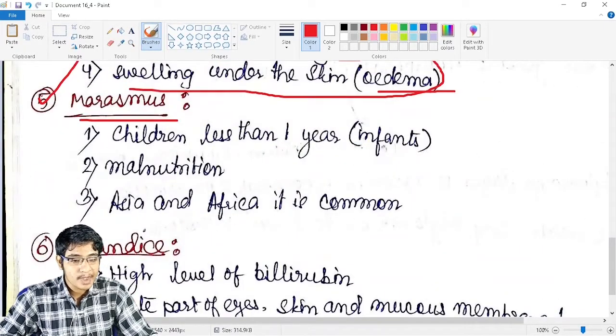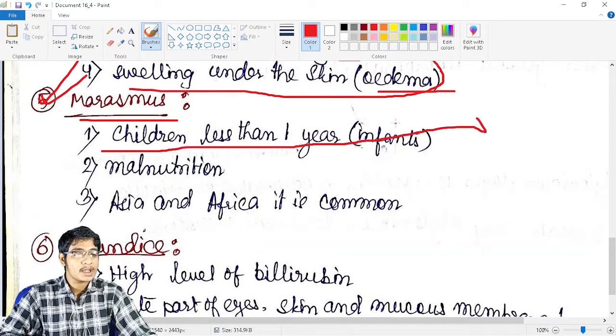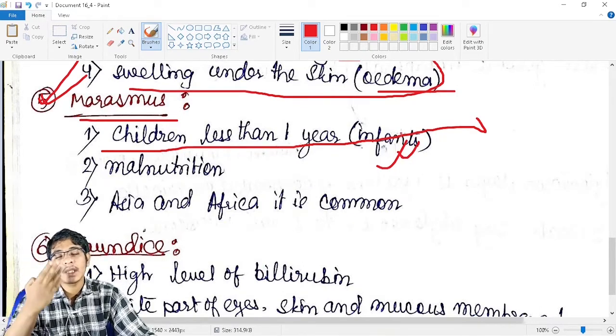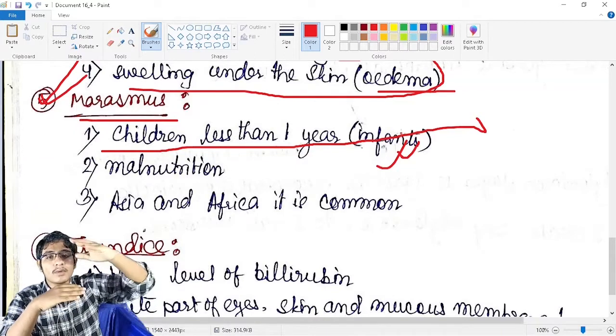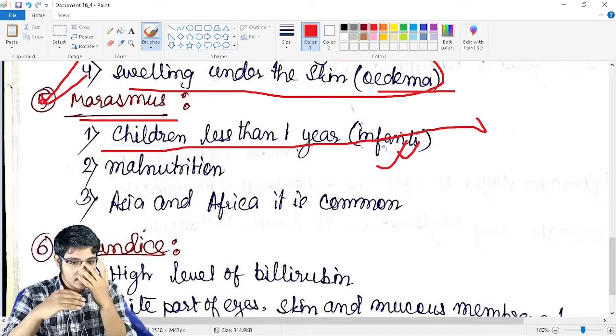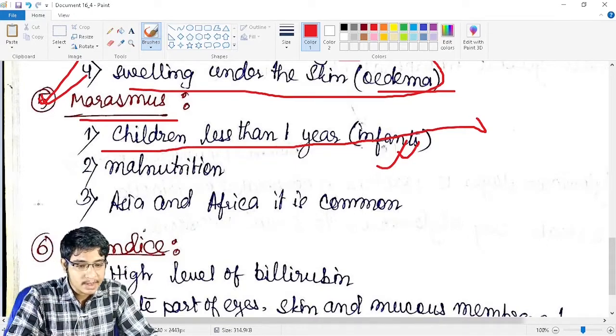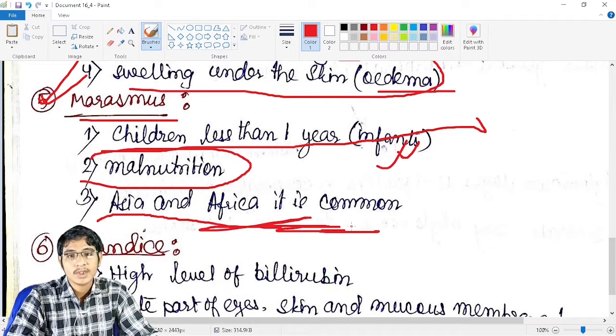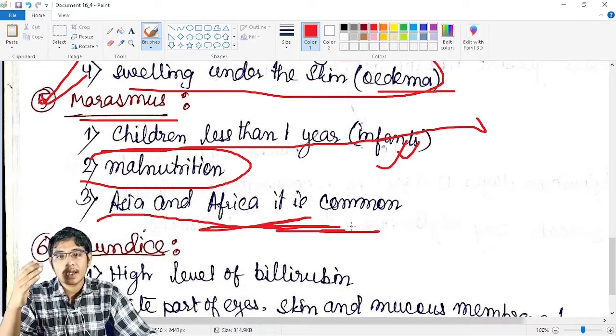Next, we have marasmus. Marasmus occurs in children less than 1 year, who are infants, and kwashiorkor was 1 to 3 years, those older than 1 year. Those below 1 year may suffer from marasmus. This is also due to malnutrition. In regions of Asia and Africa it is common, because Asia and Africa are developing countries.